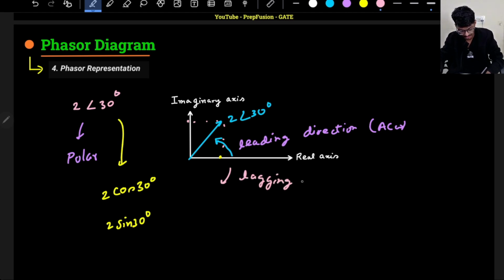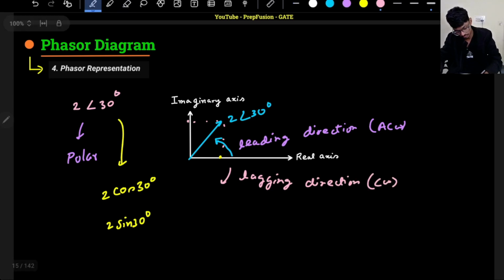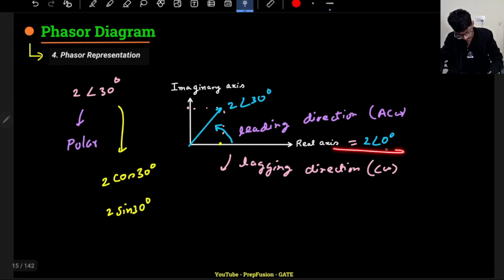So let's say initially I had a phasor whose angle was 0. So this was 2 angle 0. The amplitude is the same, but I added a 30 degree angle. So I went in the leading direction, anti-clockwise.